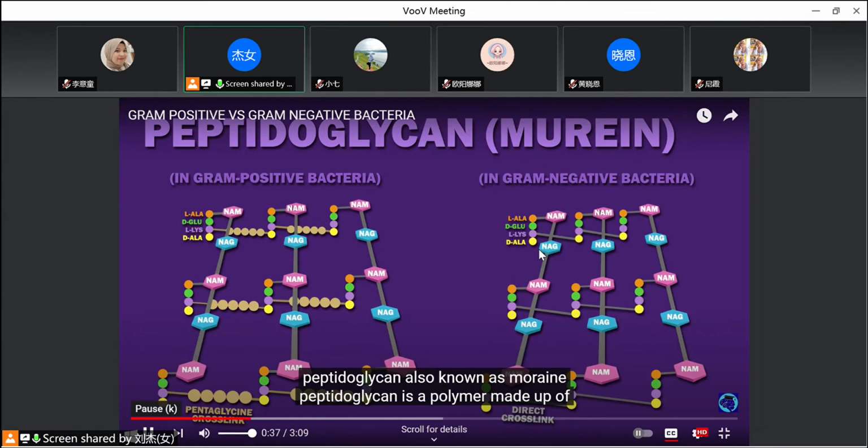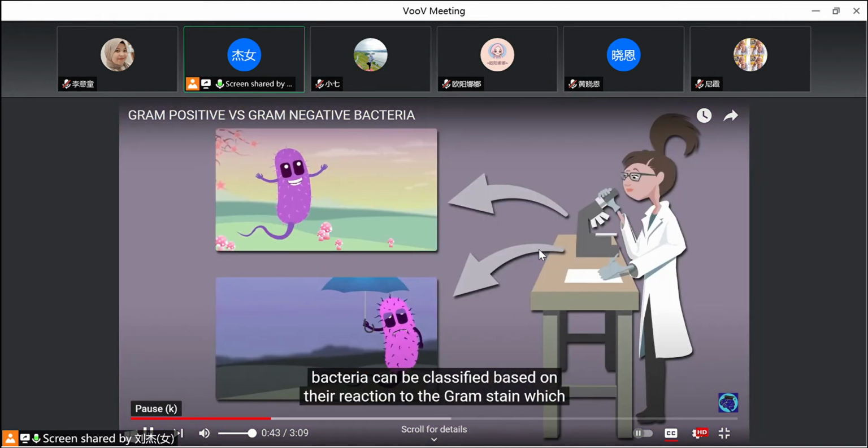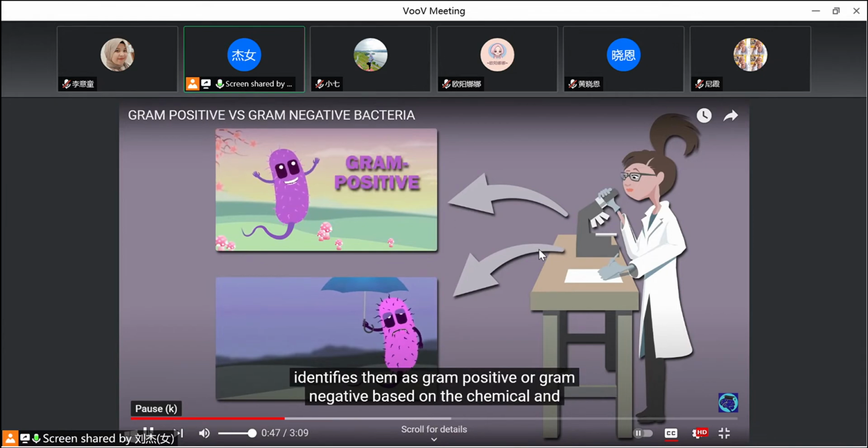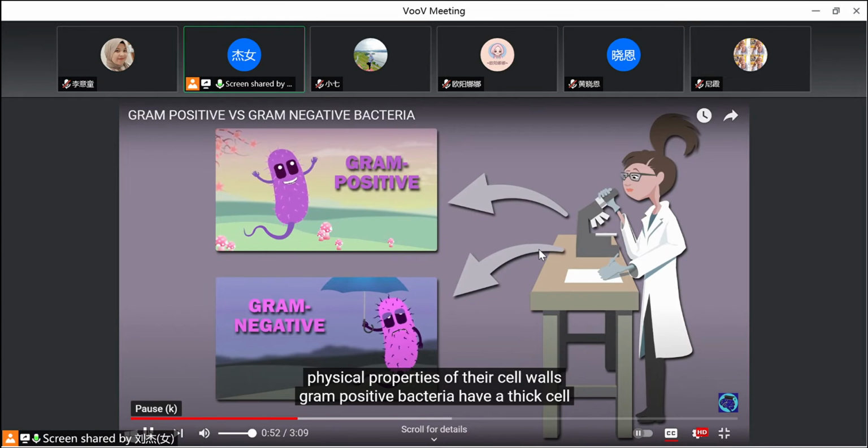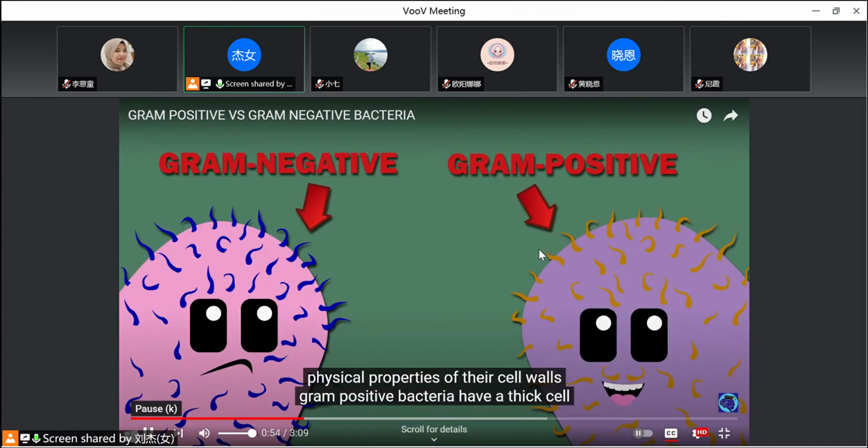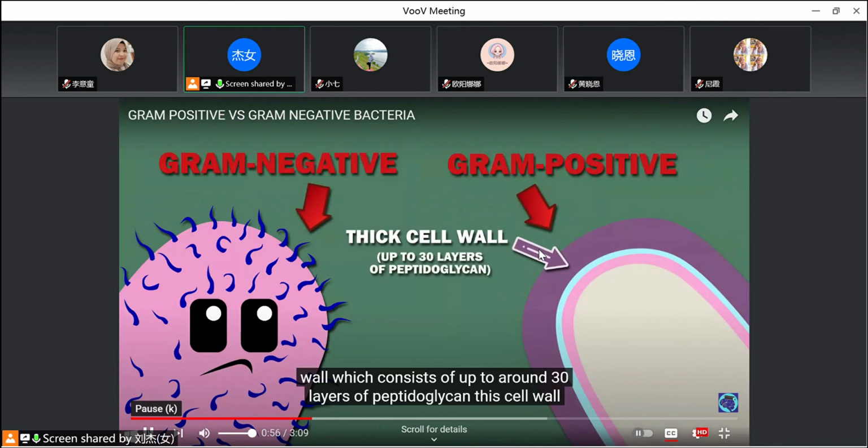Peptidoglycan is a polymer made up of sugars and amino acids which forms a kind of mesh. Bacteria can be classified based on their reaction to the gram stain, which identifies them as gram-positive or gram-negative, based on the chemical and physical properties of their cell walls. Gram-positive bacteria have a thick cell wall, which consists of up to around 30 layers of peptidoglycan.